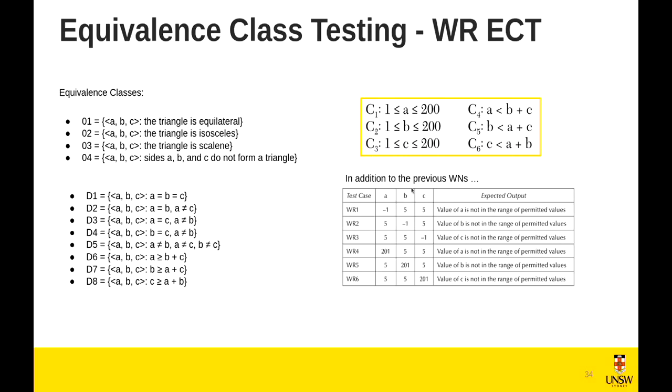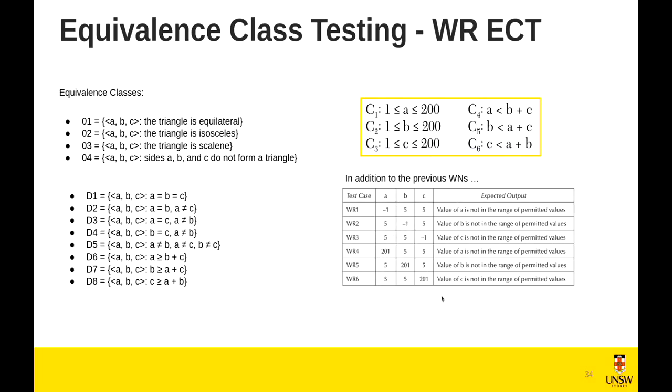So what we can do is we can have an invalid value for A, an invalid value for B, and an invalid value for C that is smaller than their lower bound, and we could have A larger than its upper bound, B larger than its upper bound, C larger than its upper bound. But because we are doing weak equivalence class testing, each time only one variable is allowed to be invalid.